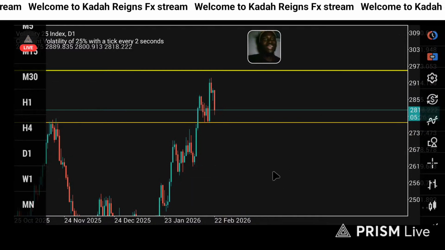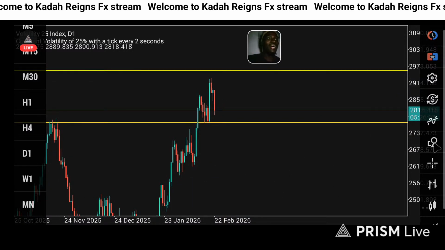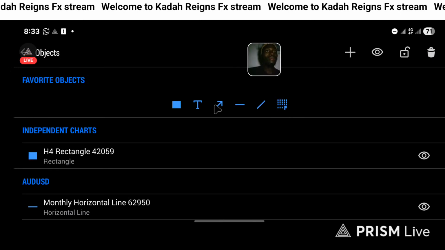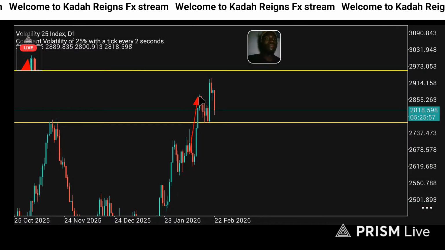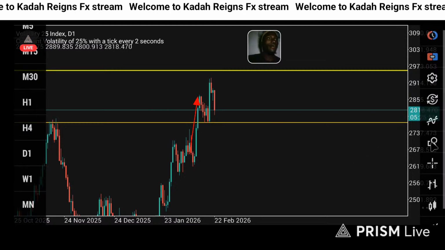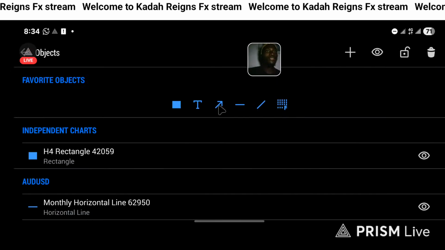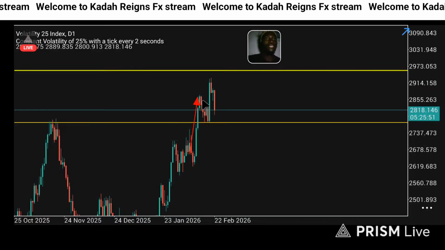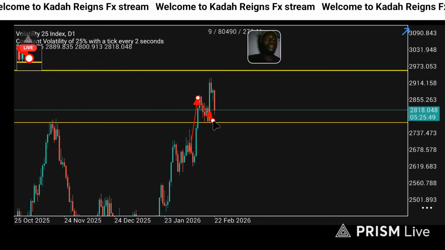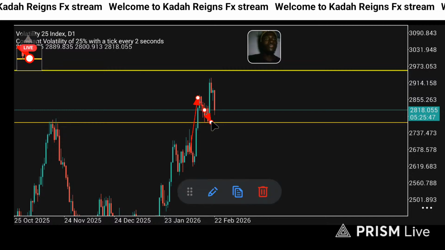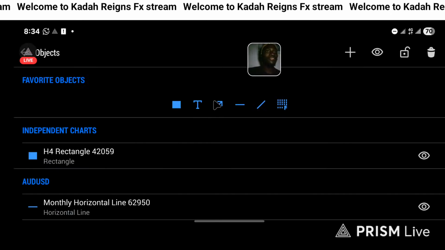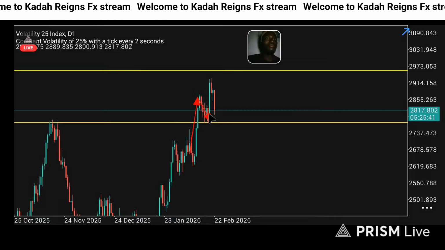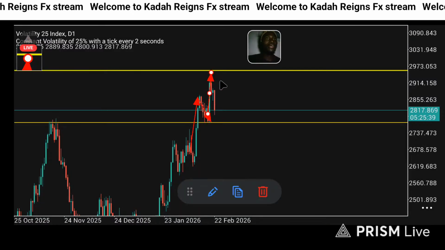price will be making higher highs and higher lows when price is in a bullish trend. See, there's a high like so, and the next one, that's a higher low. The next one, boom, a new high.